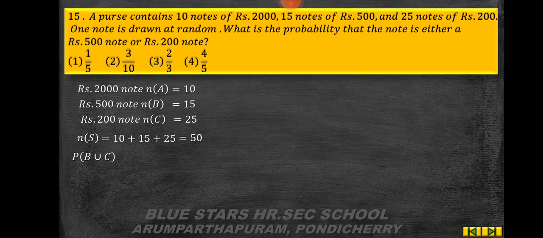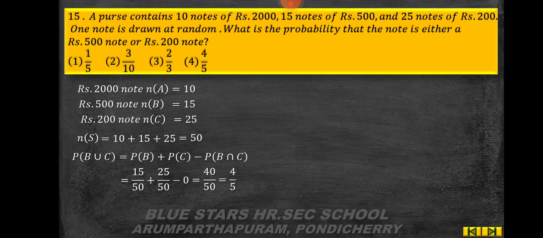So P of B union C is equal to P of B plus P of C minus P of B intersection C, which is equal to 15 by 50 plus 25 by 50 minus 0, because we have to find the probability that the note is either a 500 note or 200 note. So we have to find P of B union C, which is equal to 40 by 50, which is nothing but 4 by 5. So the correct option is 4. The answer is 4 by 5.